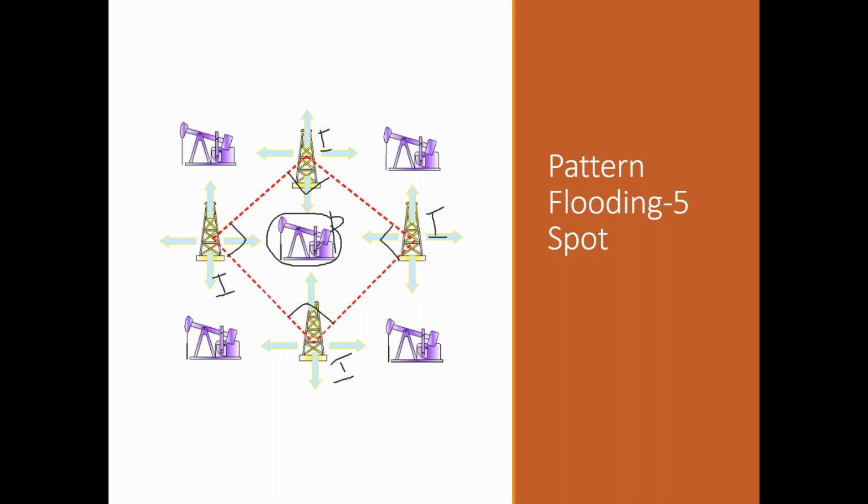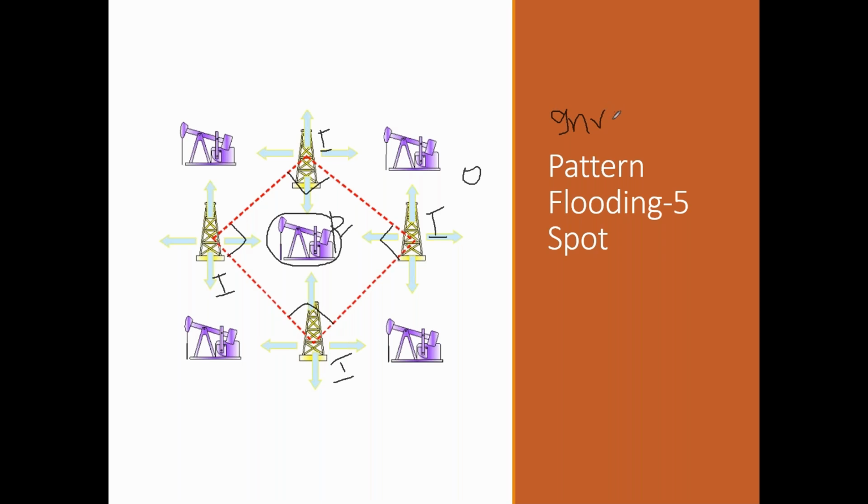So definitely, if this producer is at this particular position, it can be somewhere else, depending upon the structure contour, structural position, pay thickness, oil saturation, and the log signatures. So even though this is the 5 spot pattern, there is another pattern with the same name, but it is called inverted.